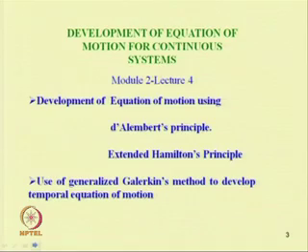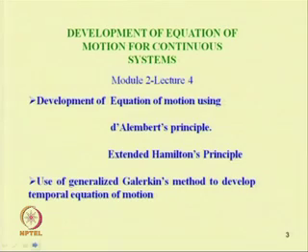As you know, in the case of a distributed mass system or continuous system, the governing equation of motion will be a partial differential equation, unlike in the case of the discrete system. In the case of a discrete system, we have the ordinary differential equation of motion, but in the case of a continuous system, we will have the partial differential equation of motion, or we may have an integral differential equation of motion.